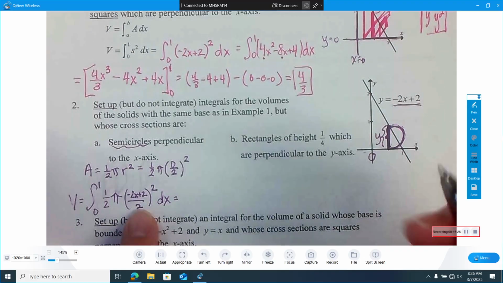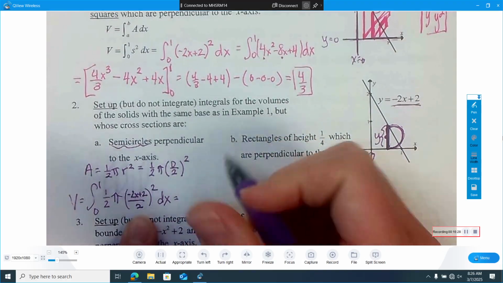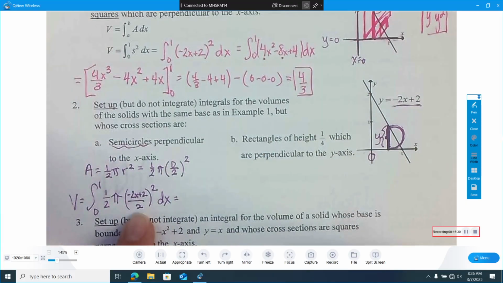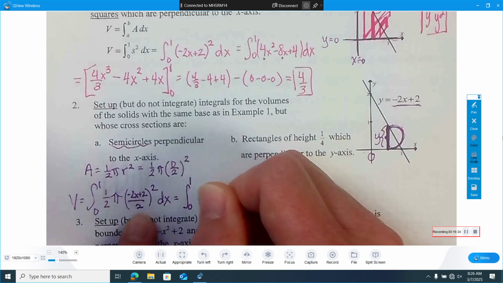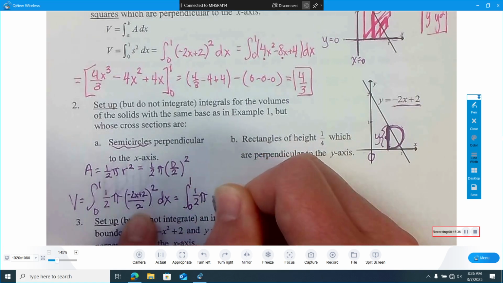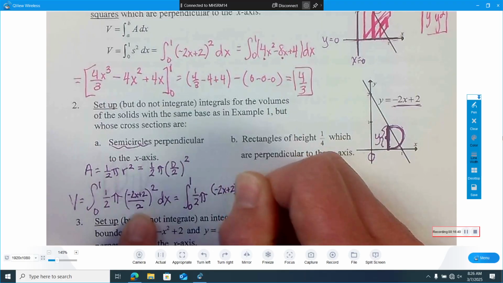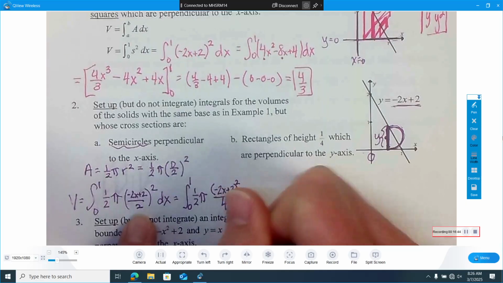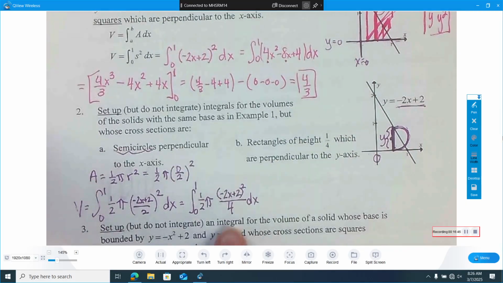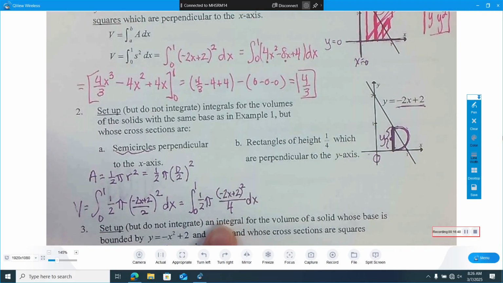What's the denominator if I wanted to clean this up a little bit? I'm going to go 0 to 1. I've got a 1/2 and a pi. This would become negative 2x plus 2 squared, and then this is 2 being squared, so it's over 4. All right, so I could clean it up a little bit this way.